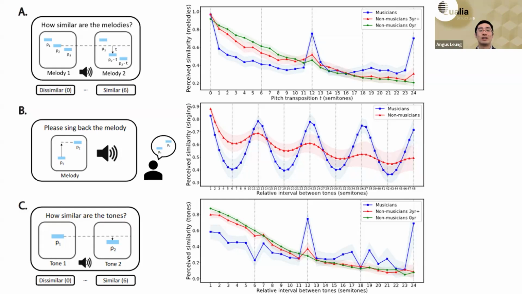So basically the perceived distance between the melody P1, P2 is represented, I don't want to use the word, but represented by the distance between all these people's sung P1 distribution and all these people's sung P2 distribution. I feel like they also account for the melody's tone itself somewhere, but I'm not sure. If it's just comparing the distance between the sung P1 and sung P2, then I can understand it.